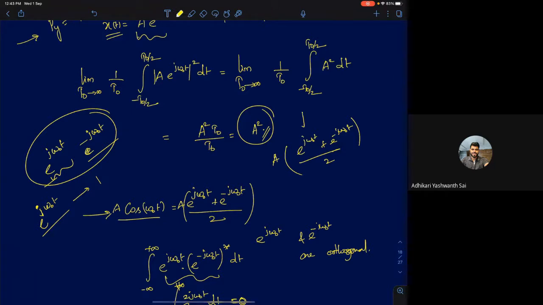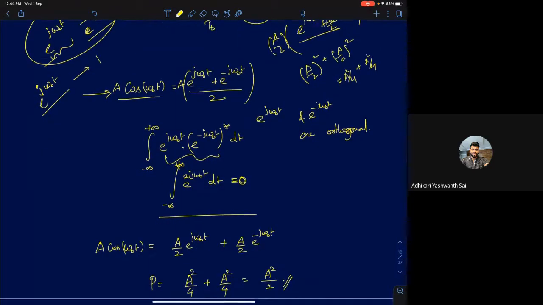These two signals are orthogonal, so both are multiplied by a by 2. It will be a by 2 whole square plus a by 2 the whole square. So you'll get a square by 4 plus a square by 4. So the total power will be a square by 2. That's the other way of showing it.